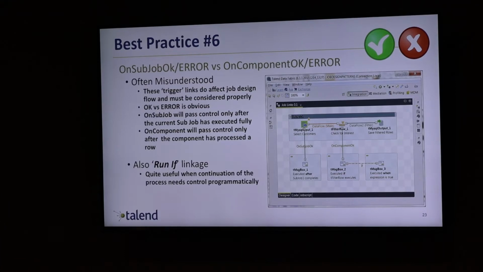If you remember the first slide where they had the top to bottom, left to right and top to bottom, right? So the top to bottom links are probably on sub-job OK, right?